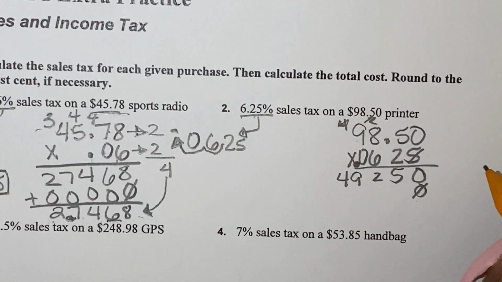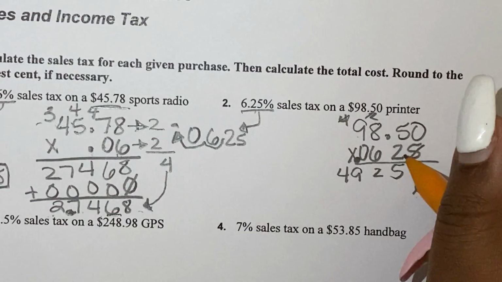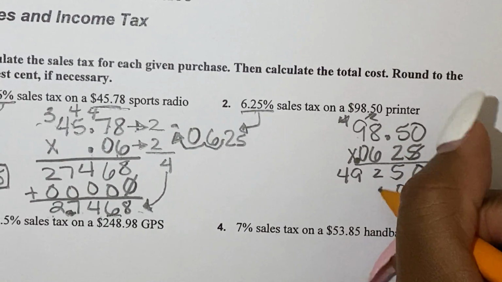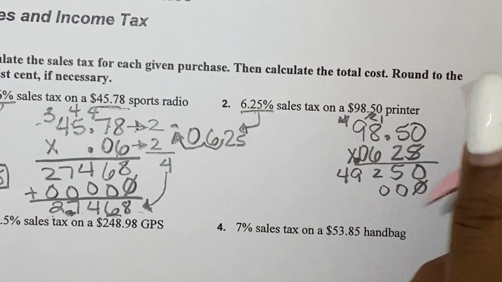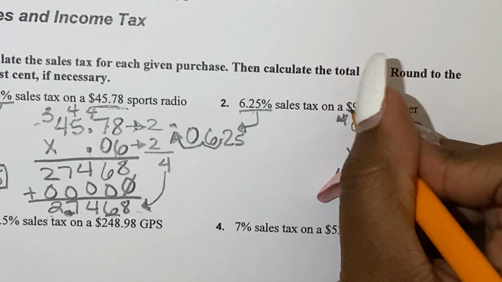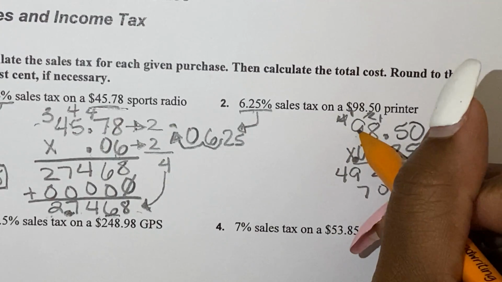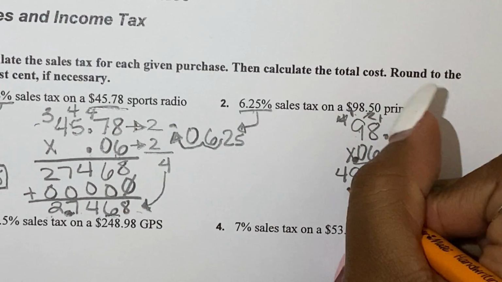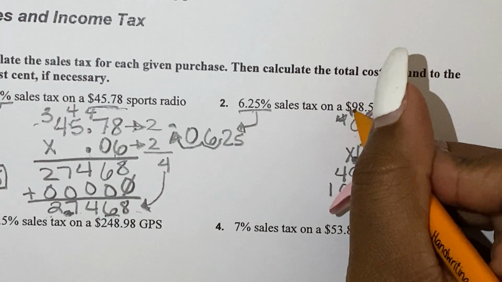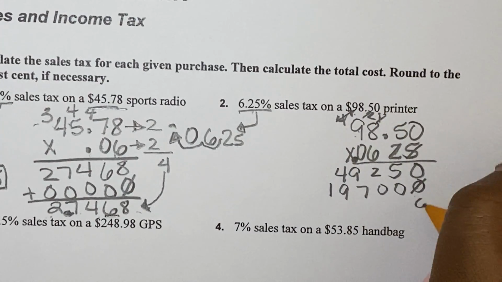Add a placeholder. And let's continue to multiply. 2 times 0 is 0. 2 times 5 is 10. 0, carry the 1. 2 times 8 is 16, plus 1 is 17. 7, carry the 1. 2 times 9 is 18, plus 1, 19. Done with that 2.